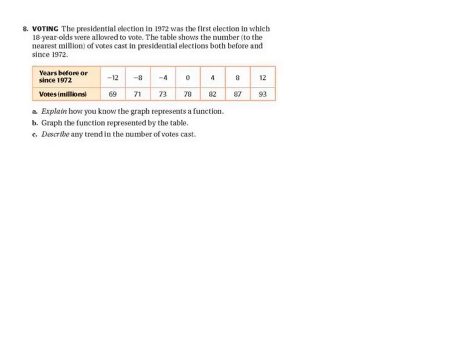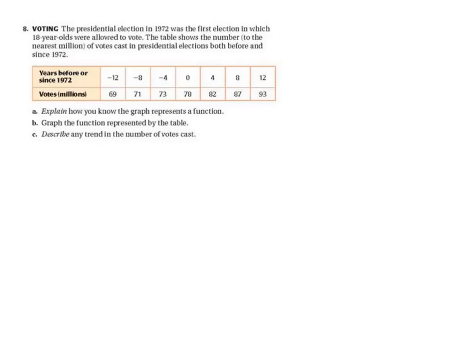Okay? It says, explain how you know the graph represents a function. I'm not going to write this down, but listen, because we need to know. It's a function because every input has exactly one output. Okay? Graph the function represented by the table. Okay.